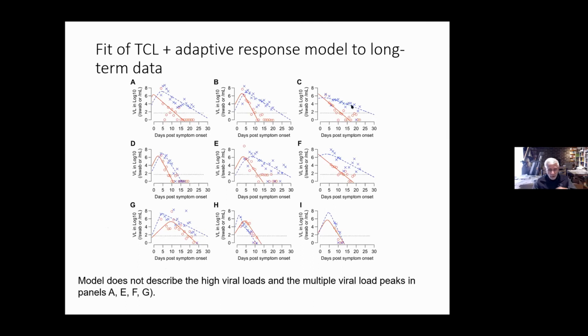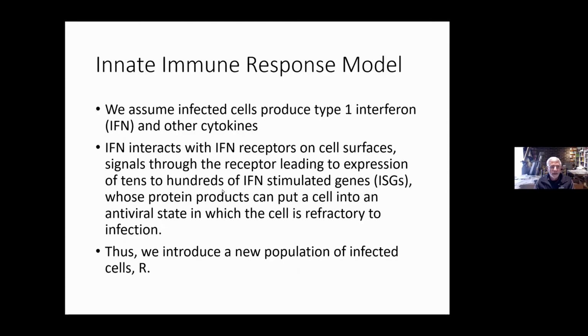So in these patients, the infection moved from their upper respiratory tract, nose and throat, becomes undetectable in most of these patients, but it seems to move into the lower respiratory tract and persist for patients about 3 weeks or more. The fits aren't perfect, as you can see, and we're sticklers for trying to do the best job we can. And so we worried a little bit about these extra points that were too high for our model.